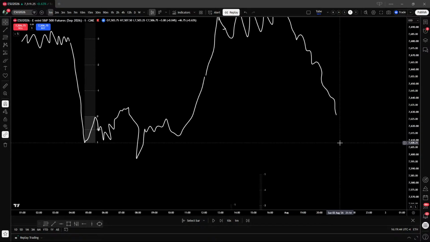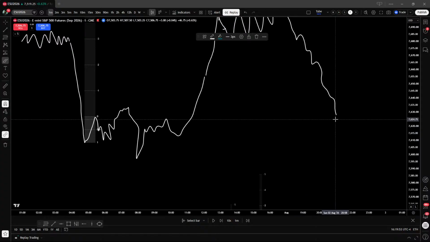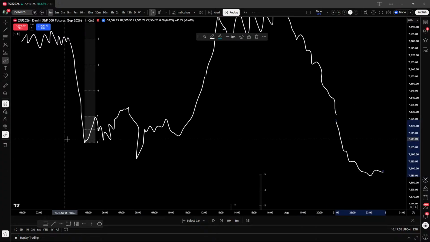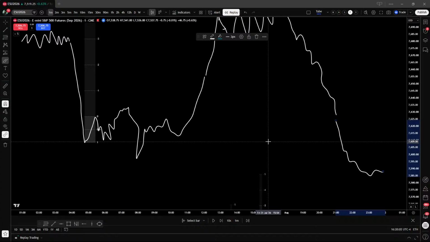And then same here too. In ICT's perfect market maker sell model, price will go below this accumulation here. Again, to me, that doesn't have to happen.